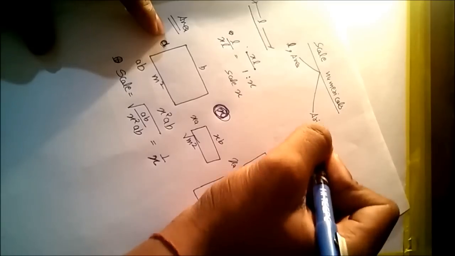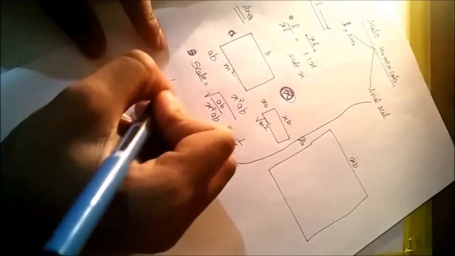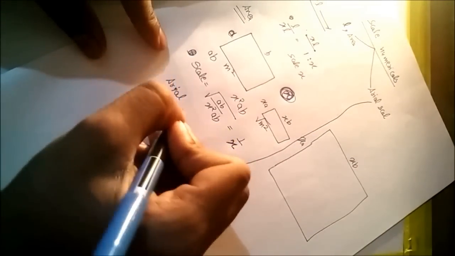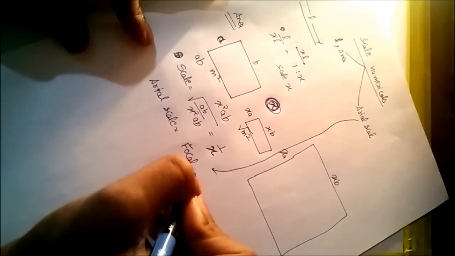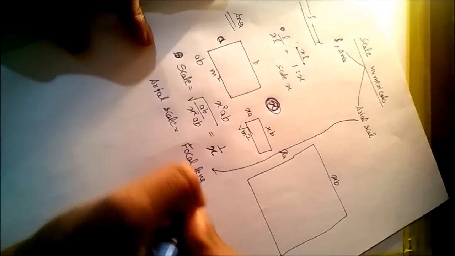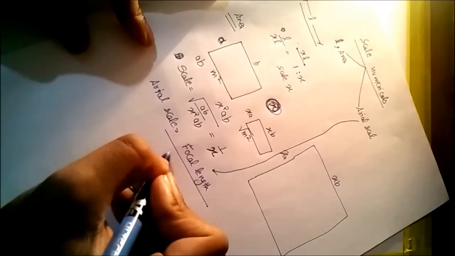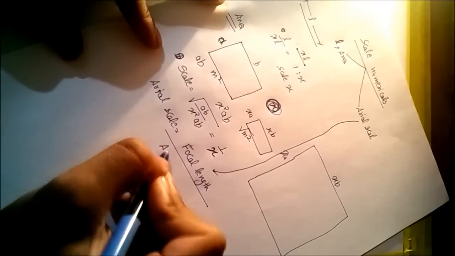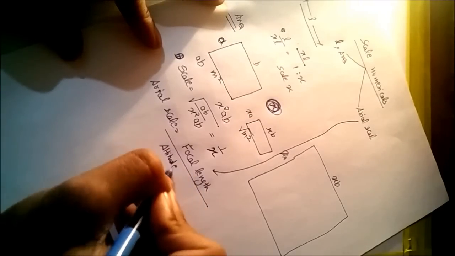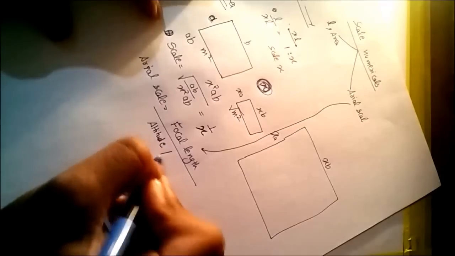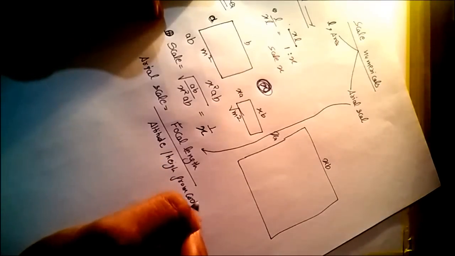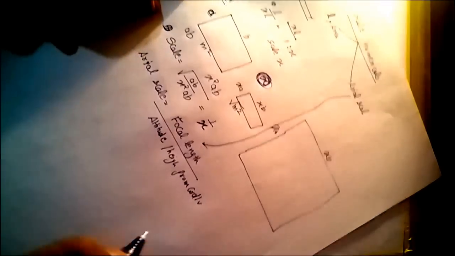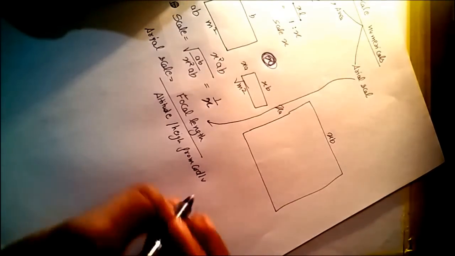Now in the simple aerial scale we have just a formula: aerial scale equal to focal length or focal distance upon the altitude or height from the ground level, not the sea level, or the level on which the structure is located.